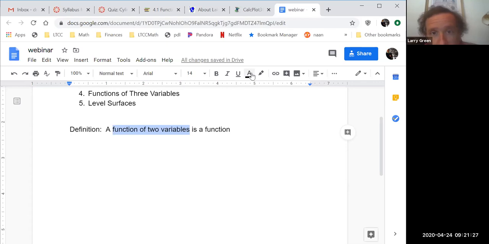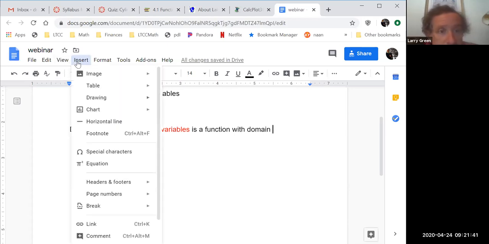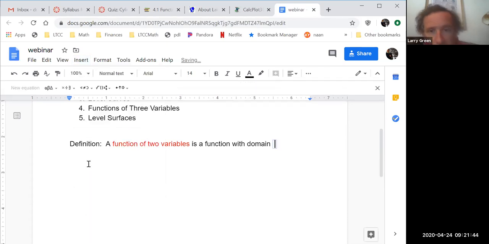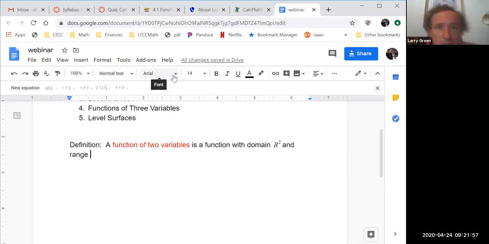A function of two variables is a function with domain R2 and range R1. Remember, R1 is just real numbers.